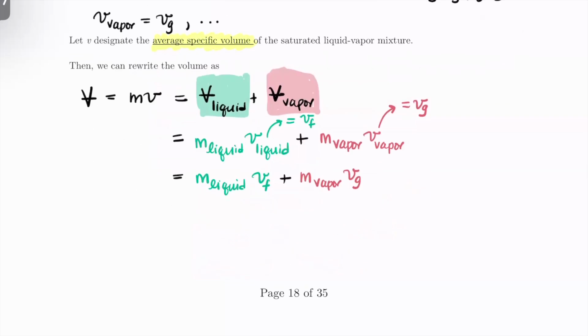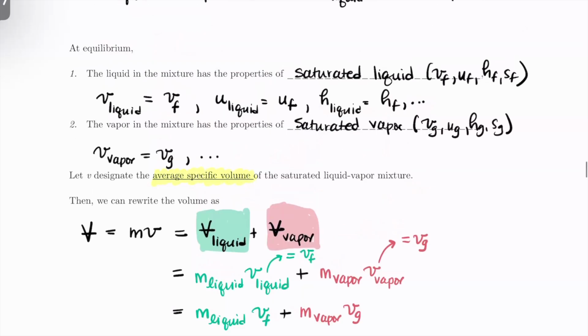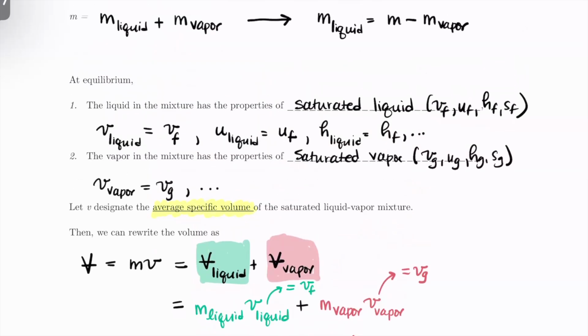Now, it would be convenient if I wrote this equation in terms of just M liquid or just M vapor, and they're connected by the total mass of the system. So what I'm going to do is substitute this expression in for here. So I'm going to put that in here.